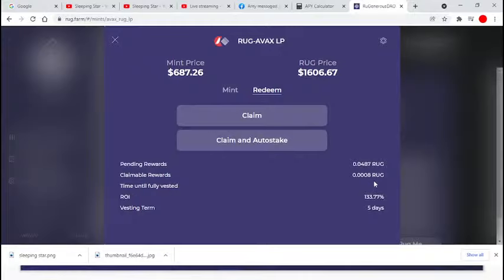It's greatly worth it. It's essentially a $1,000 discount. I don't see any reason not to mint. You're getting a token in 5 days. I'm getting more rug than I would staking. With this particular project right now, it's just genius to mint.